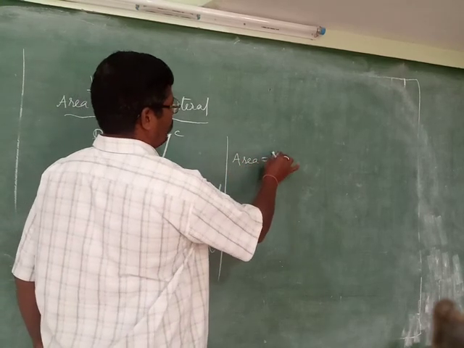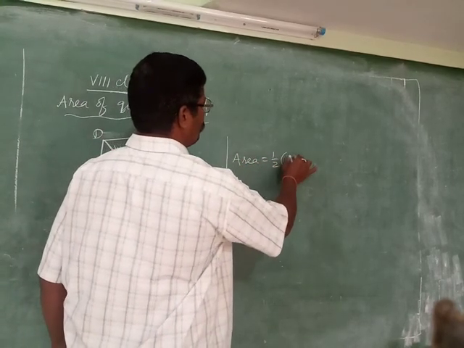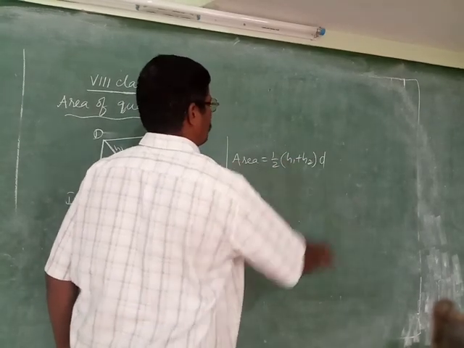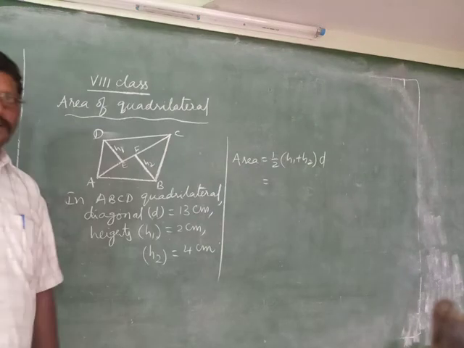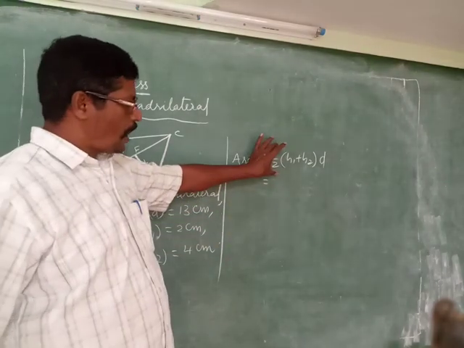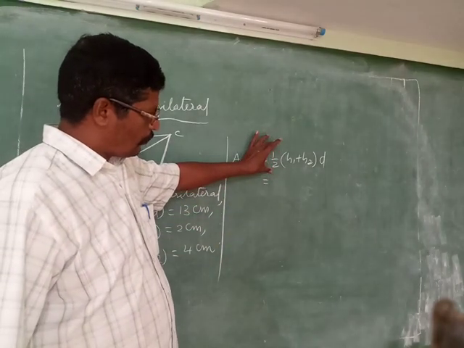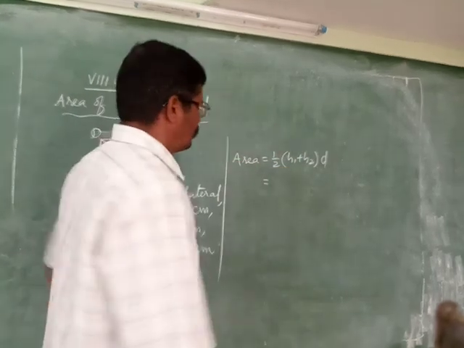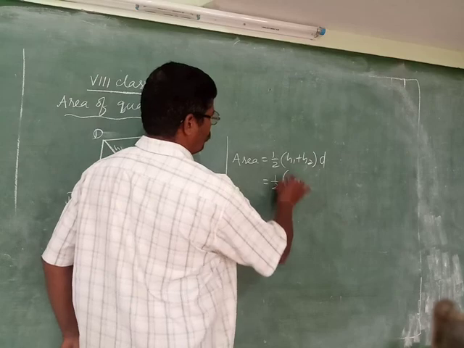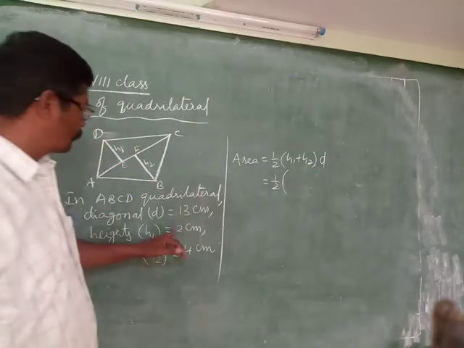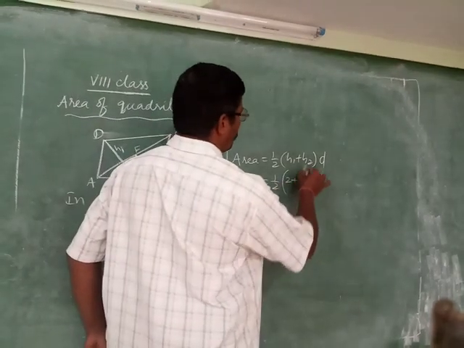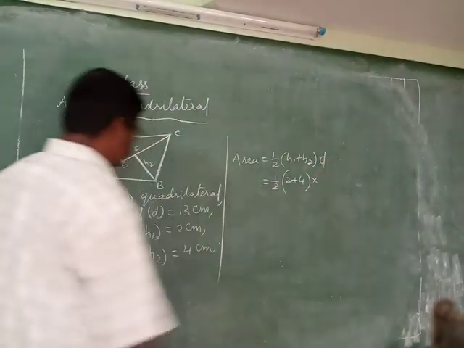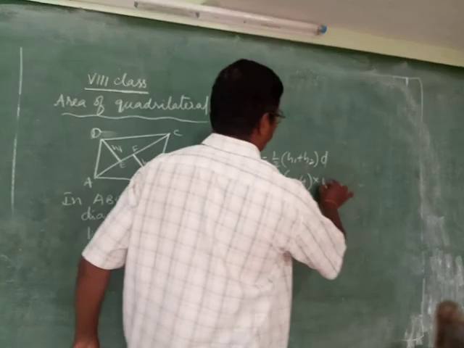Area equal to 1 by 2 into (H1 plus H2) into D. This is the formula. Half of H1 plus H2 into D. What is H1? 2, plus H2, 4, into D, what is D? 13.